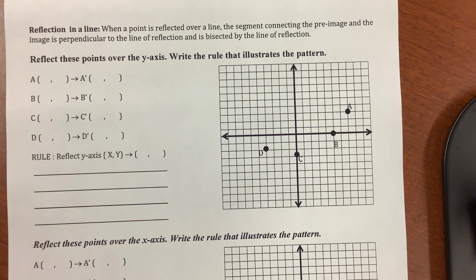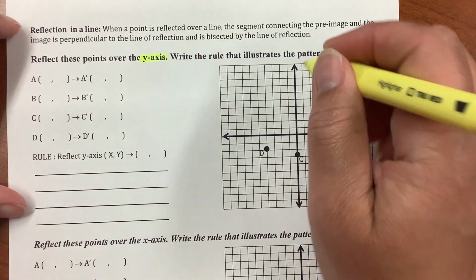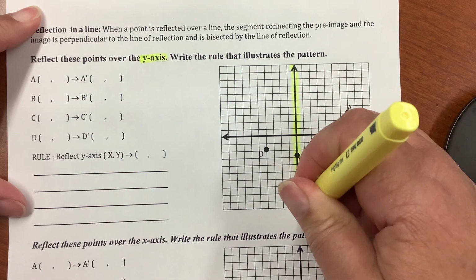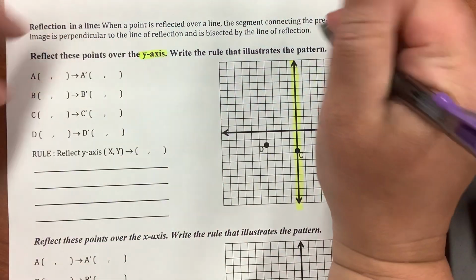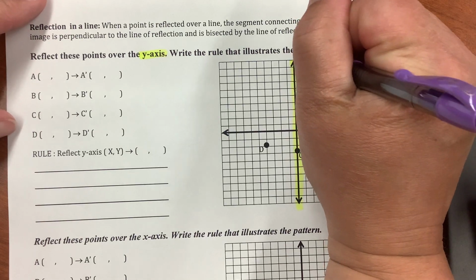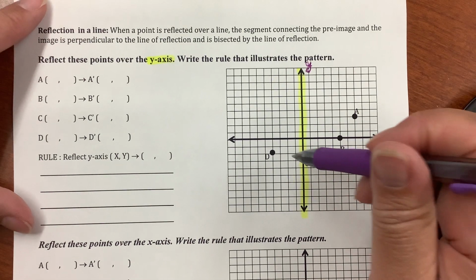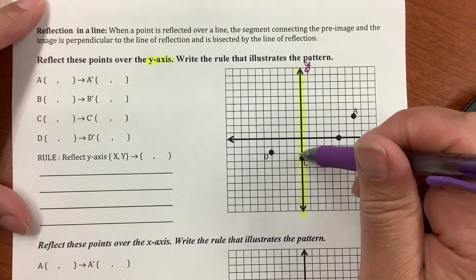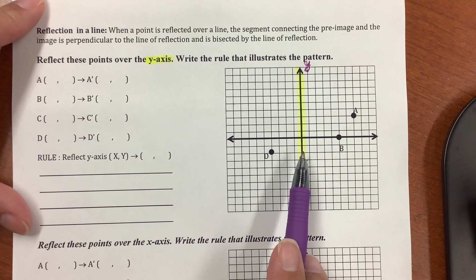All right, so we are going to start by reflecting over the y-axis. And here's the y-axis, the one that goes up and down. Remember how we count to the line and then count on the other side?